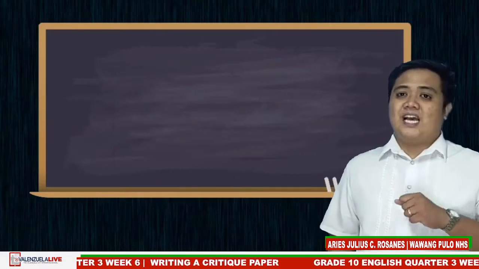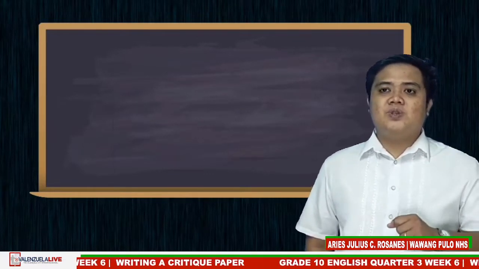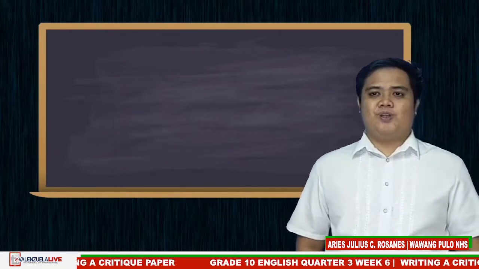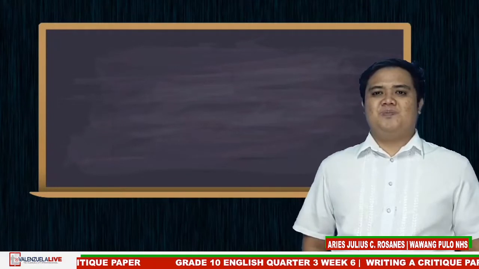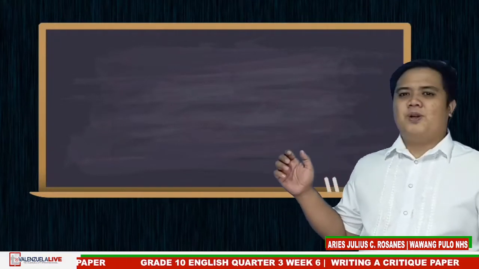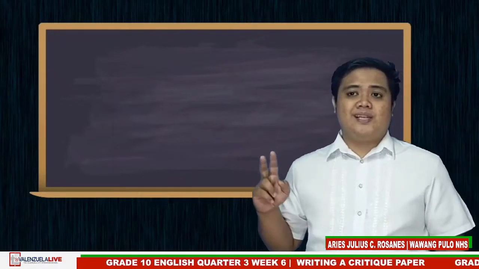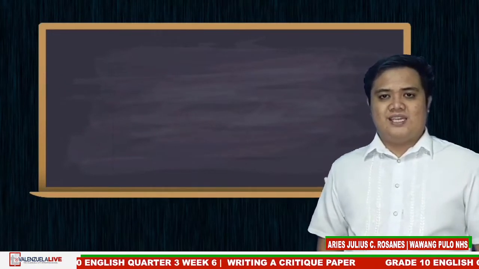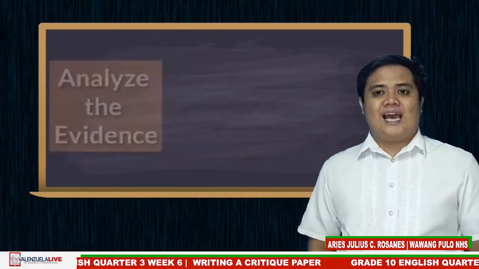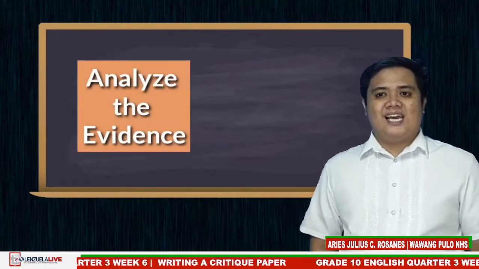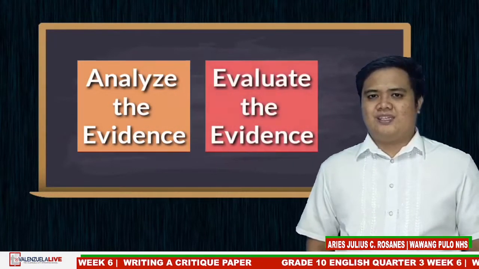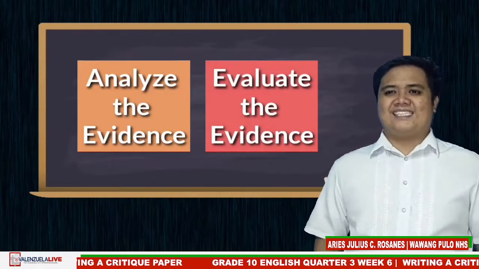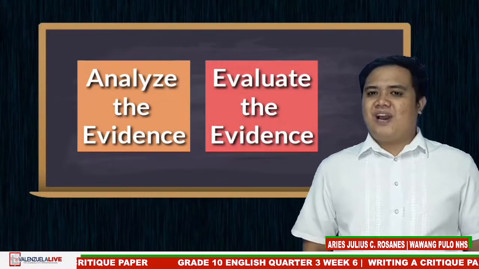When you write a critic paper, you must use relevant and significant evidence from the work or text to demonstrate your point. A critic paper performs two related tasks when dealing with the evidence. First, it will analyze the evidence and then evaluate. But what's the difference between analyzing evidence and evaluating evidence?